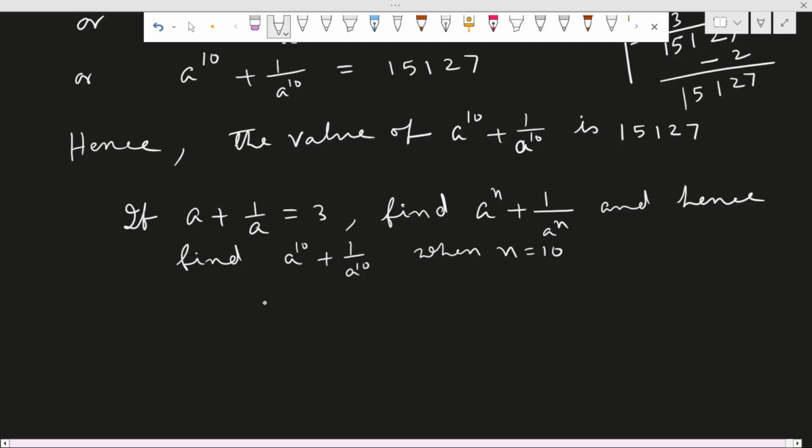To do so, we will develop a recurrence relation.